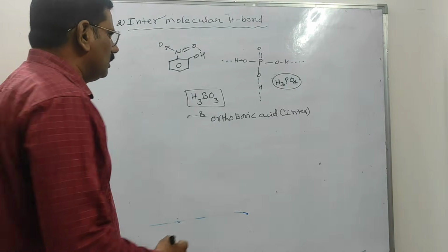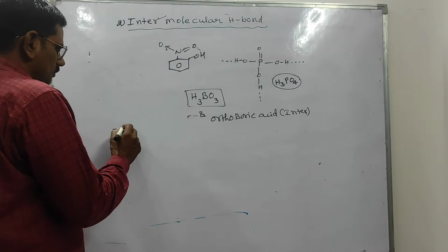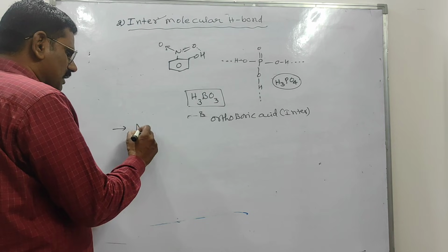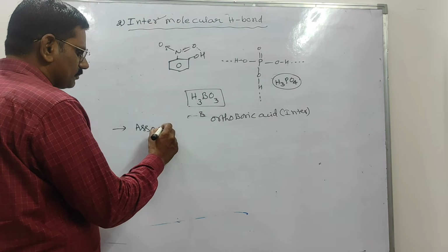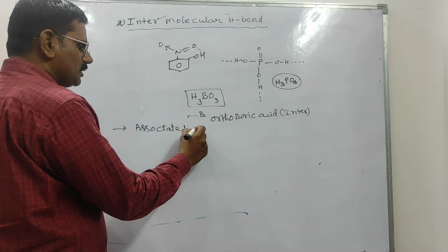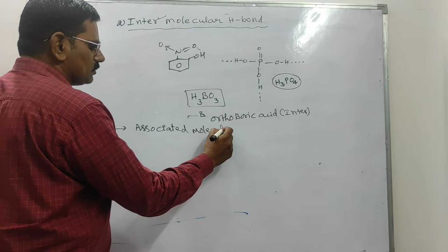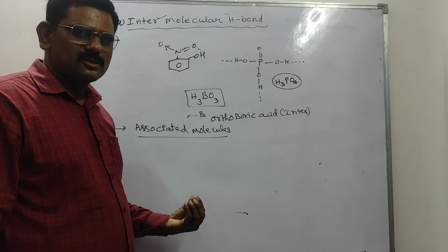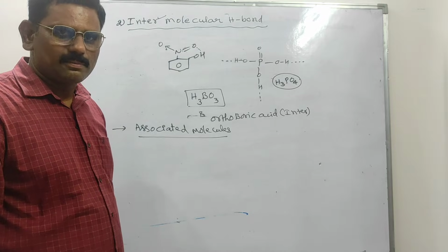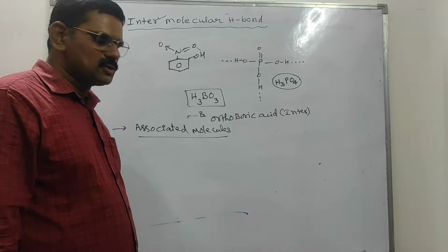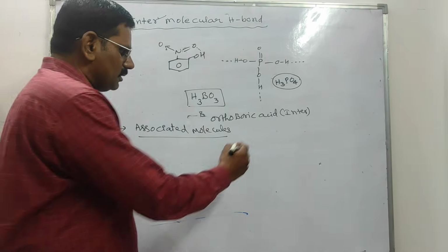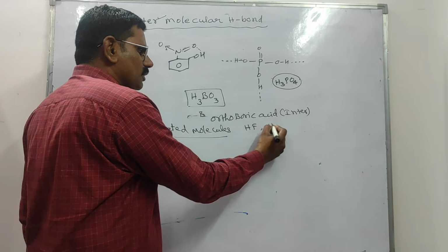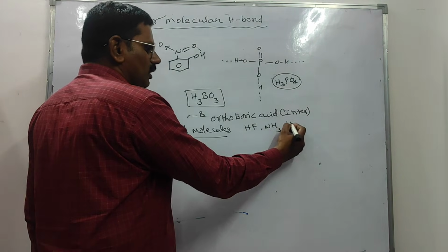Now I would like to tell you about associated molecules. What are associated molecules? The molecules in which intermolecular hydrogen bond is present are called associated molecules. For example, hydrogen fluoride, ammonia, and water.